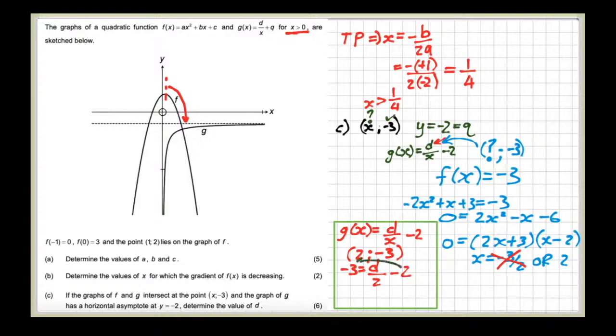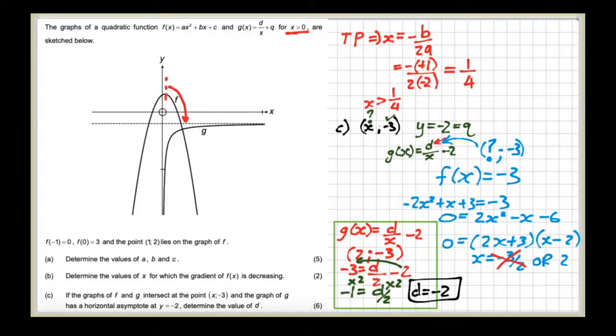I'm going to take that -2 over. It becomes plus 2, so -3 + 2 is -1 = d over 2. So I'm going to times by 2 on both sides. And this gives me that d is equal to -2.